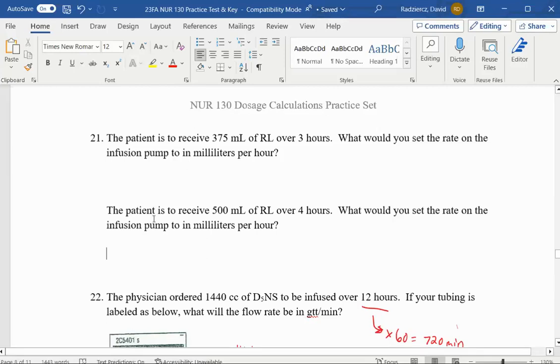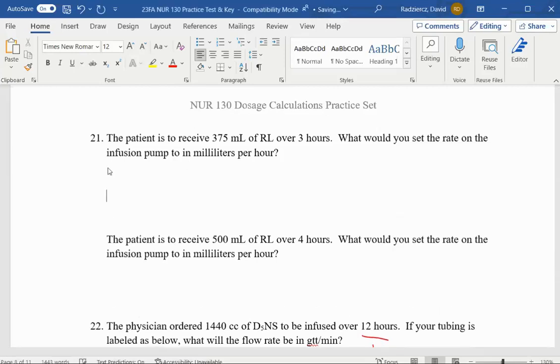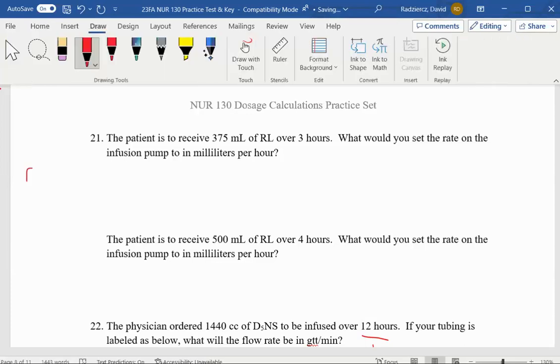So when we talk about flow rate type questions, what that indicates is some volume over time.